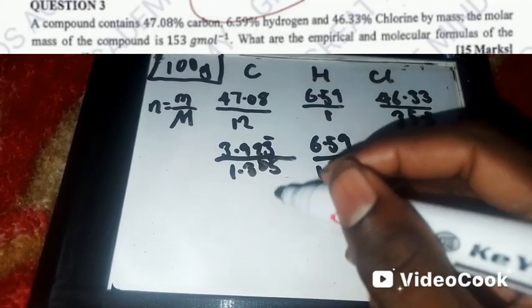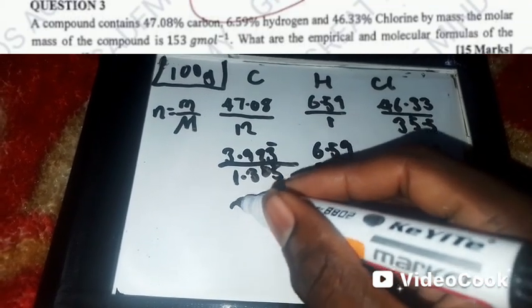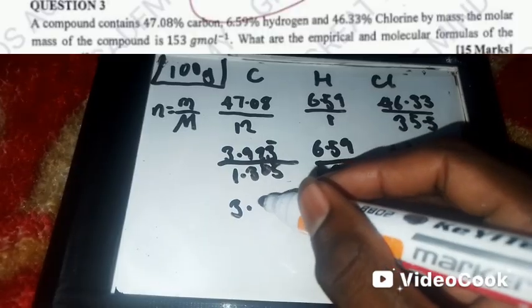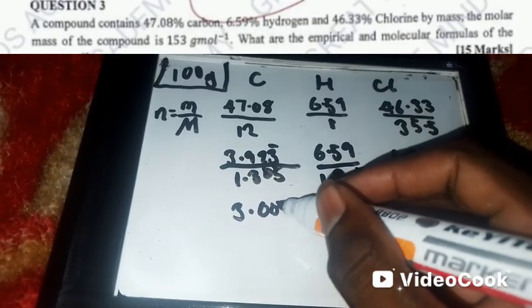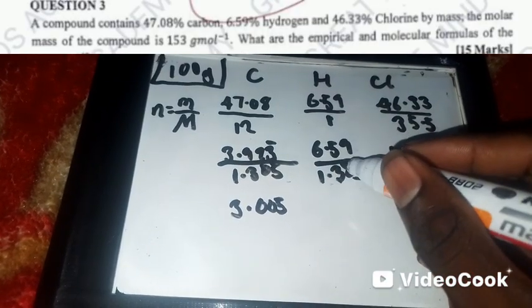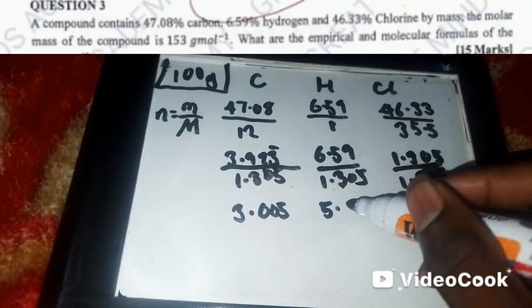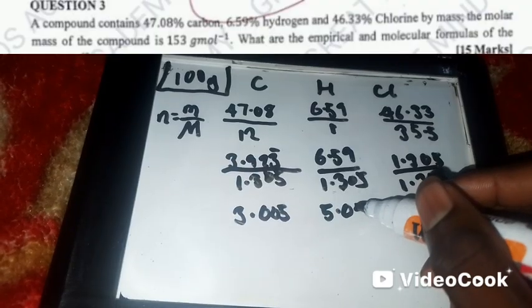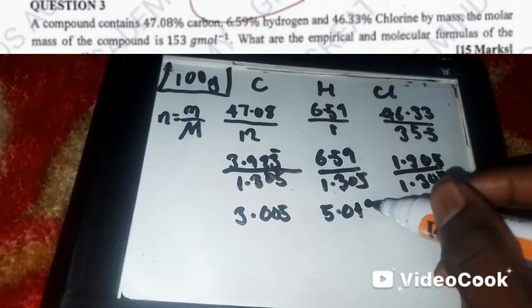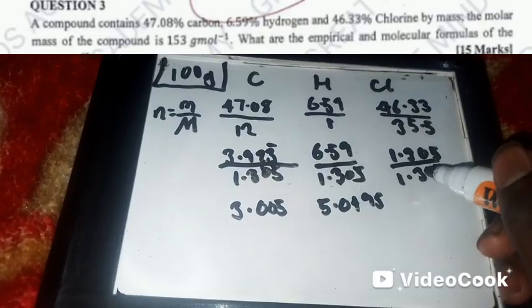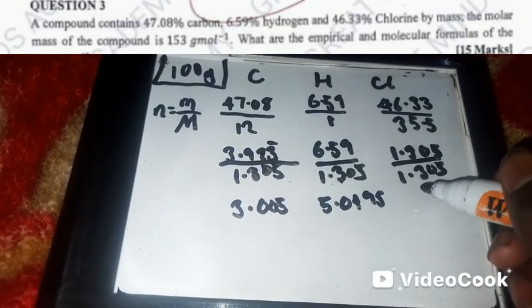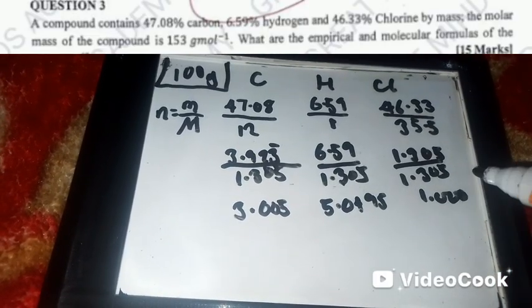So dividing this will give 3.005 somewhere there. Dividing this one is going to give us 5.0495, and yeah, we can see this is giving us 1.00, something like that.